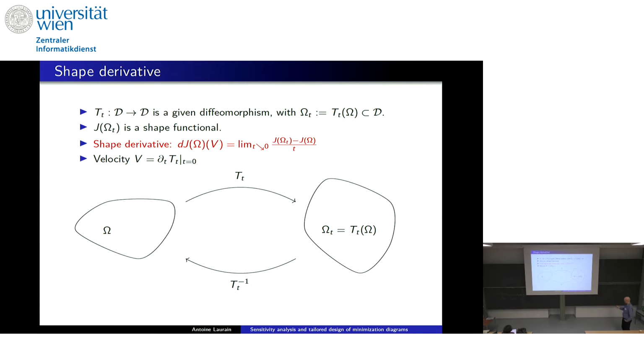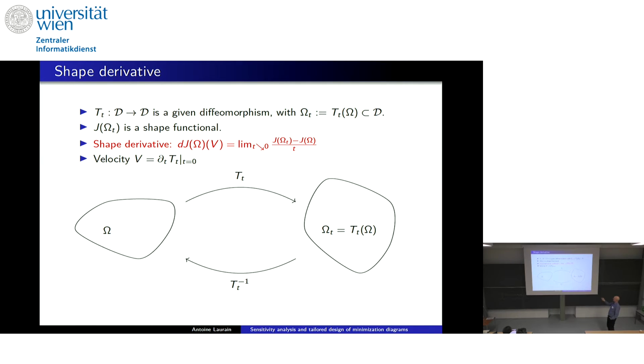And now I'm going to explain how we can relate this to the usual shape derivative that we use a lot in shape optimization. I don't think I need to explain a lot the concept of shape derivative because many of you are familiar with this. But what I want to emphasize here is that in a smooth context, we would define it like this.